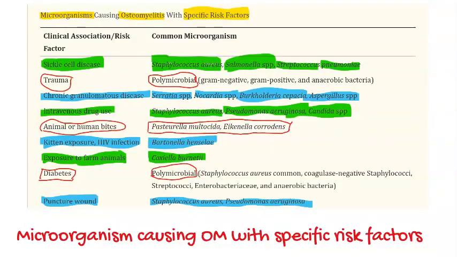In patients who have chronic granulomatous disease, the organisms are Serratia species, Nocardia species, Burkholderia cepacia, and Aspergillus species. In animal or human bites, Pasteurella multocida and Eikenella corrodens are the common organisms.